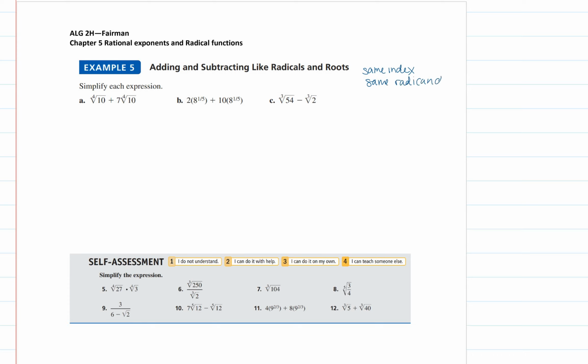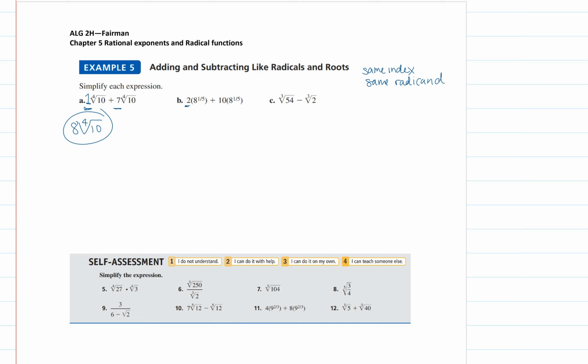So that's the thing under the radical. So for part A, we do. We have an invisible 1 in front of the 4th root of 10, plus 7 4th roots of 10. So 1 plus 7 means we're going to have 8 total 4th roots of 10. It's that easy.